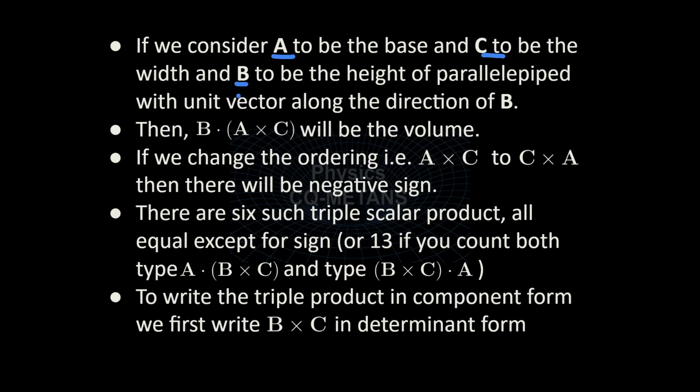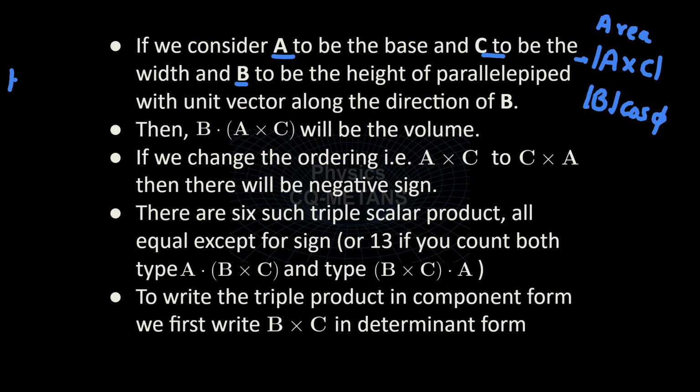So if we do so, then in this notation, my a cross c will give me the area, and b cos phi is going to give us the height of the parallelepiped.